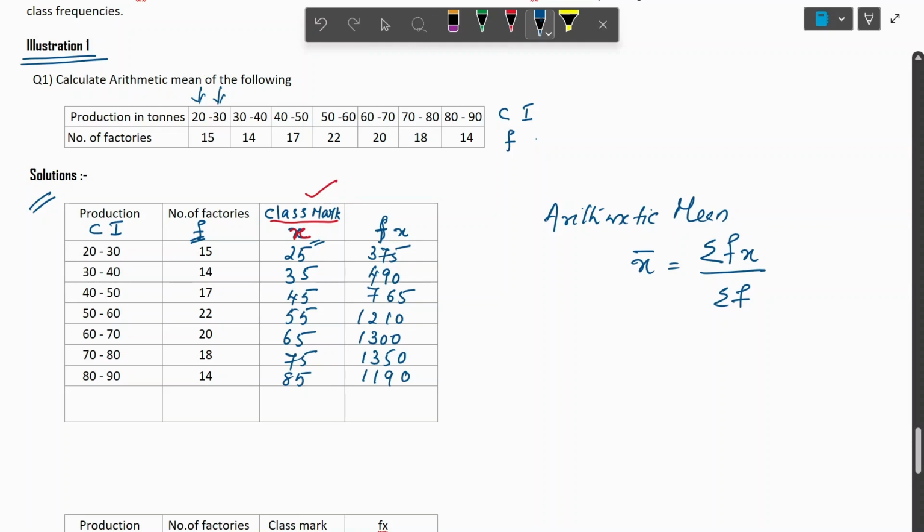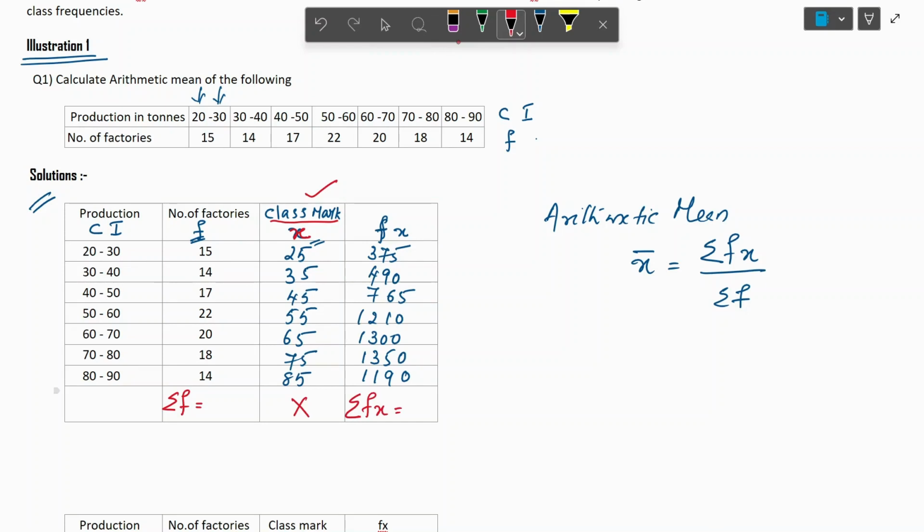That means you need these two values to substitute in that formula. Therefore, we are going to add which column? Second column, that is the f column. That is your sigma f. You are going to calculate. Don't calculate this column because we don't require that. Don't waste time.